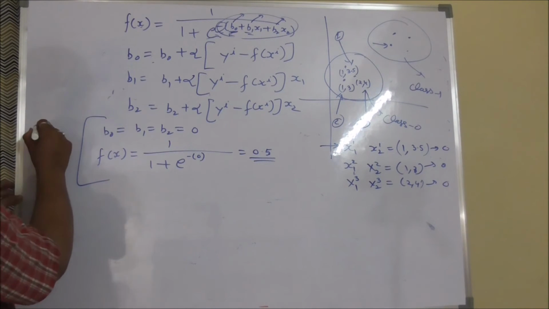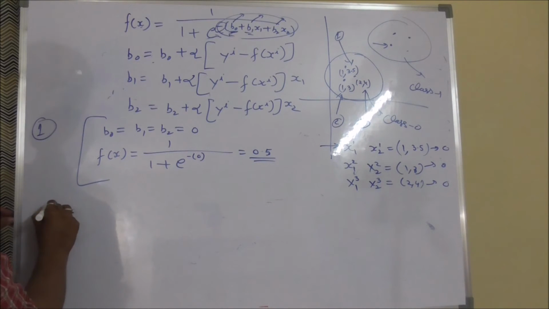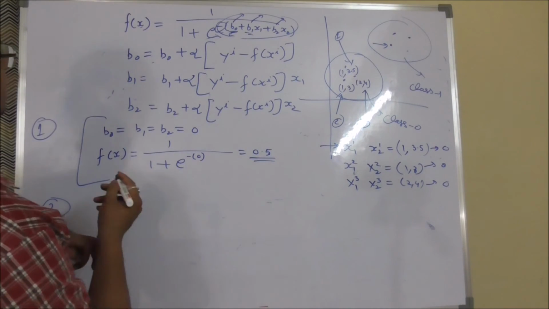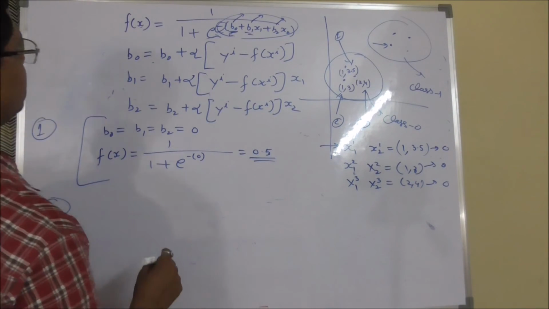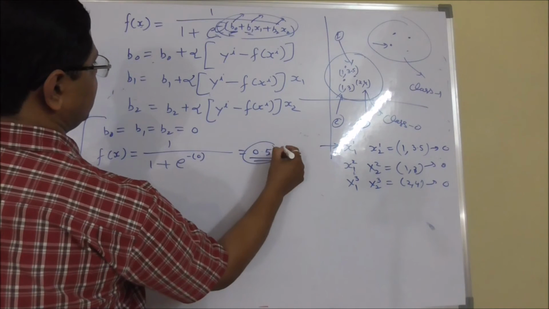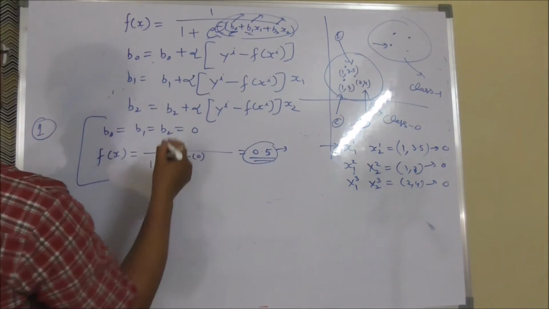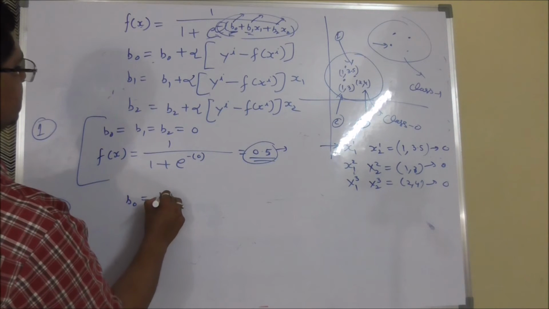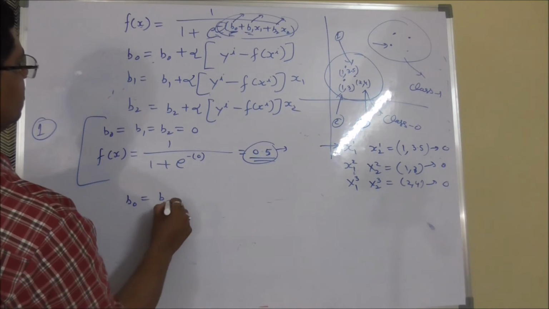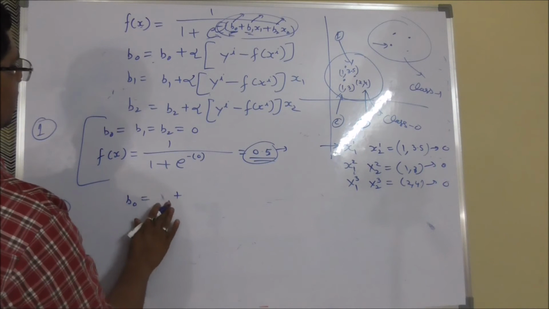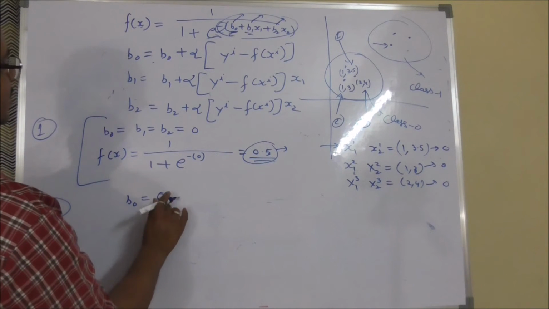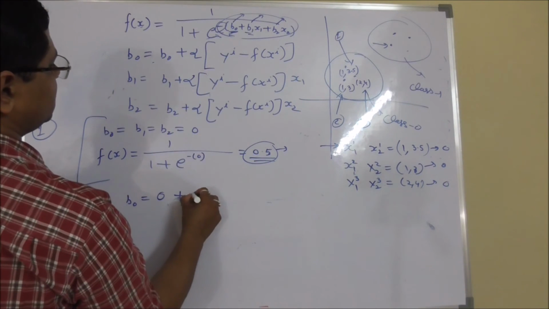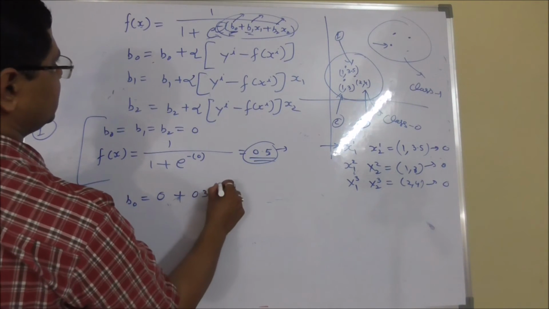So this is our iteration number 1. Now at the second iteration we will take the points. This is the value of f(x) from the previous iteration. In this case, b0 is equal to the old value of b0, which is 0, plus alpha, suppose we take the learning rate 0.3.